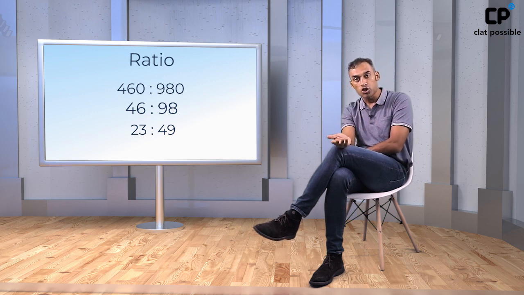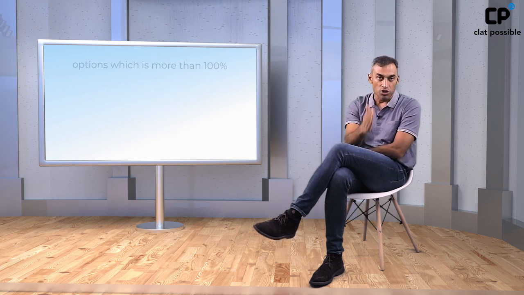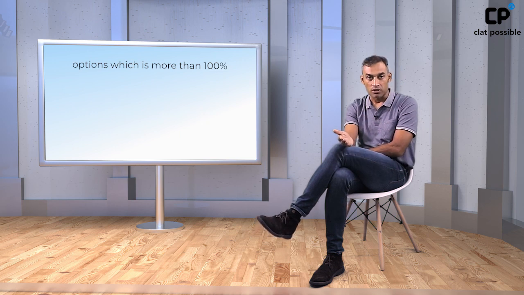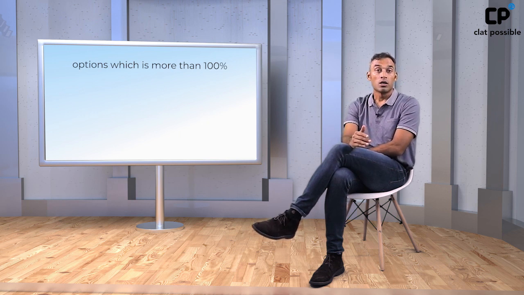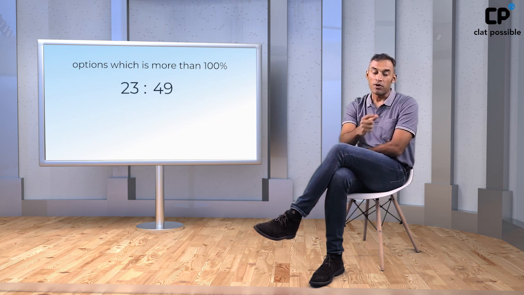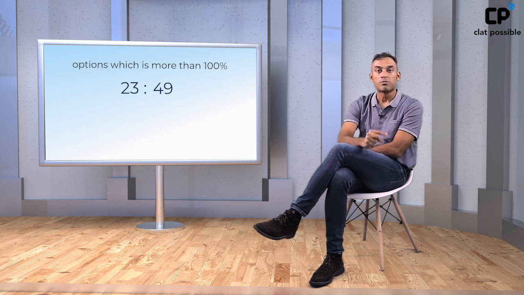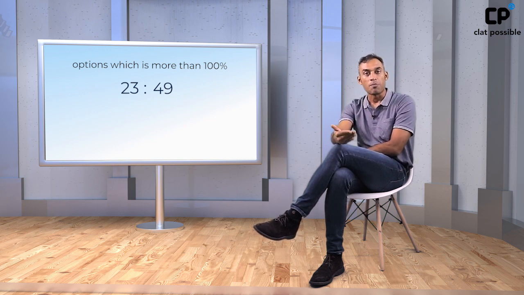And what do you mean by elimination of options is, I will only consider options which are slightly more than 100%, right? Why? Because we see here that 23 has become 49. If 23 had become 46, it is a 100% growth, because whenever something doubles, it is a 100% growth.